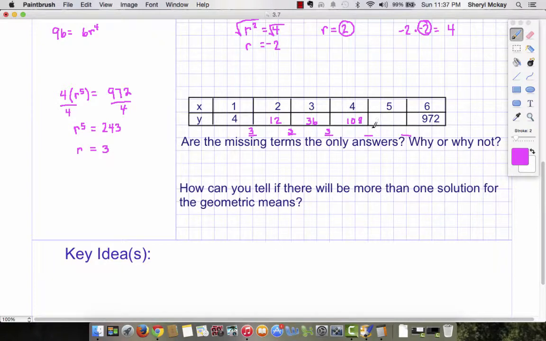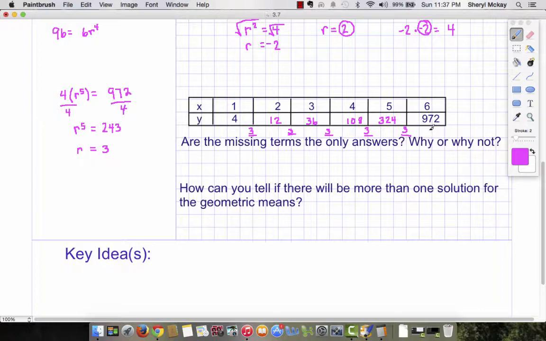So 108, and 108 times 3 is 324. And 324 times 3, 3 times 4 is 12, carry the 1, 3 times 2 is 6, plus 1 is 7, 972. So there, I've just figured it out.